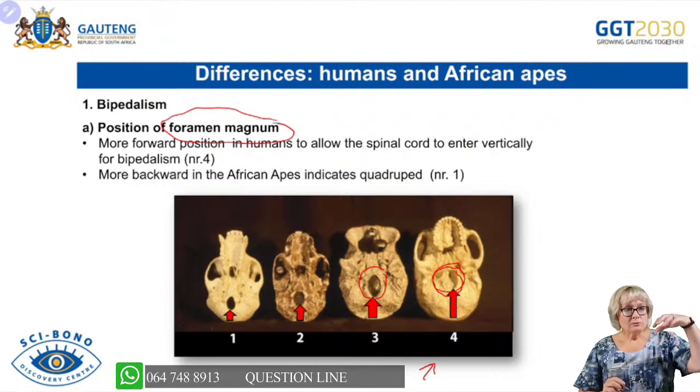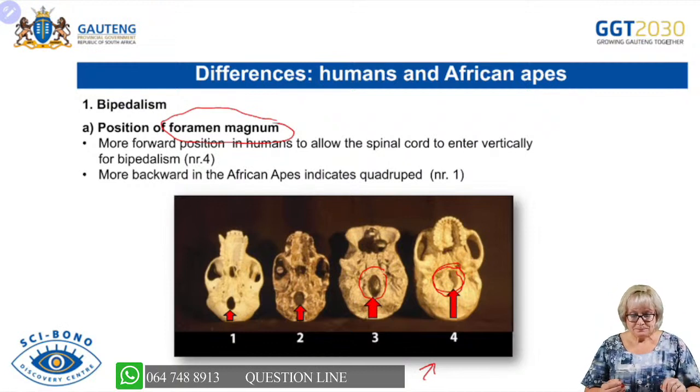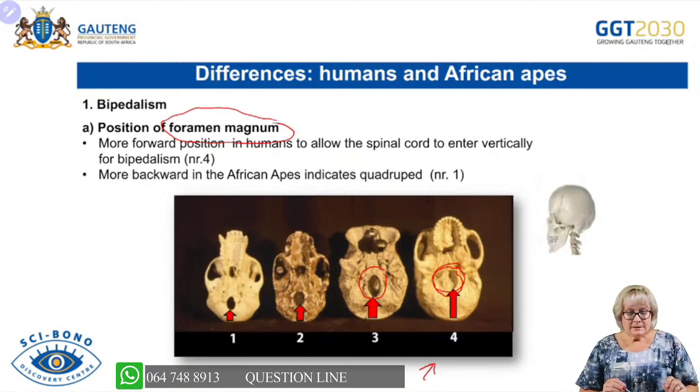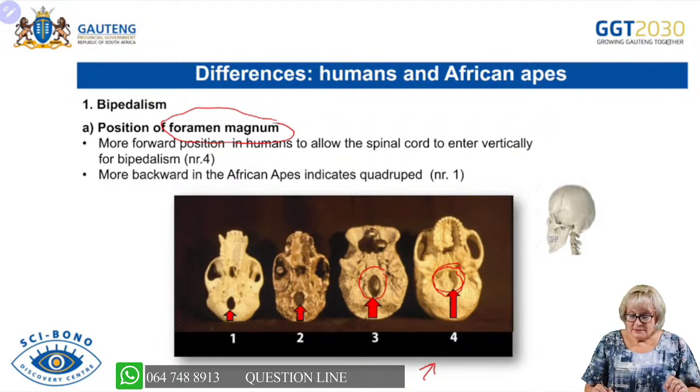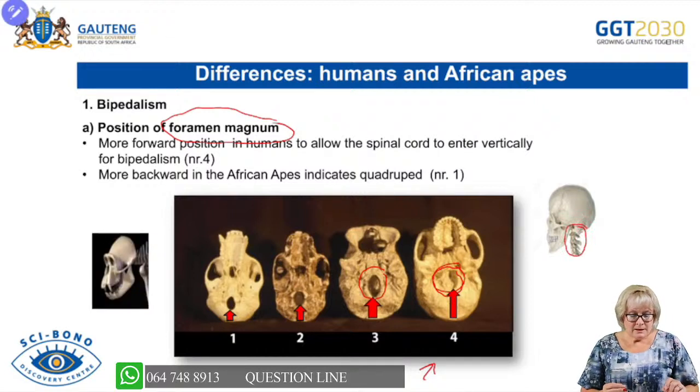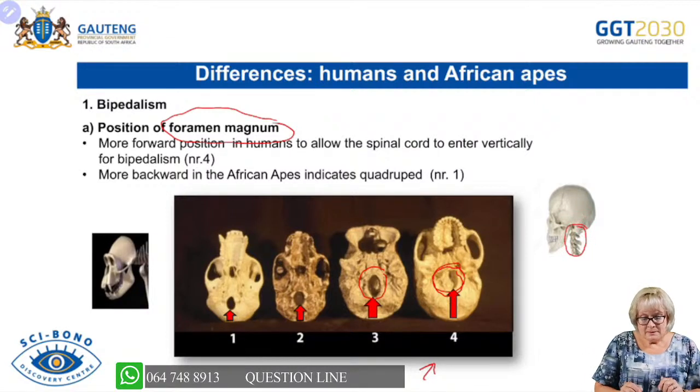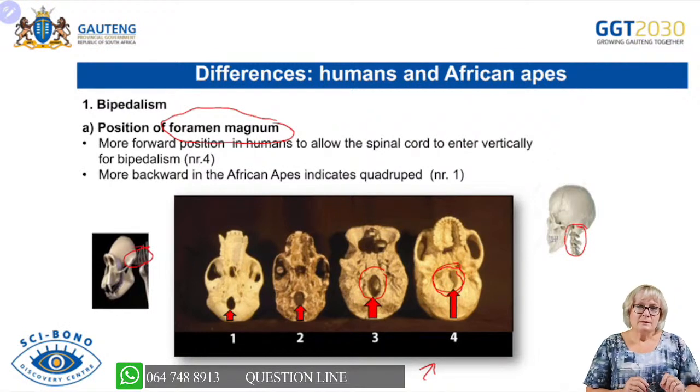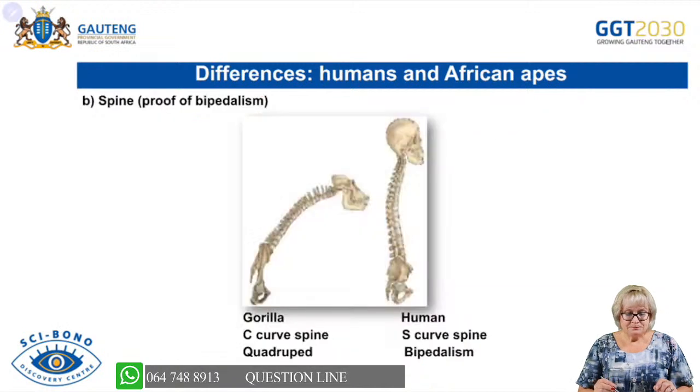So they walk on 4 legs. All right. The next thing, here just to show, can you see that with us, that's where your spinal cord is entering your skull. And if you look at apes, can you see it's entering there. So there is a difference.